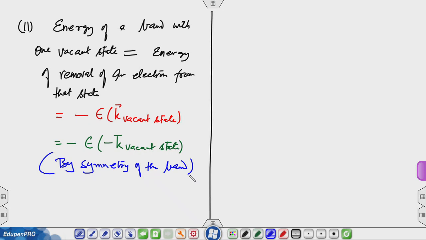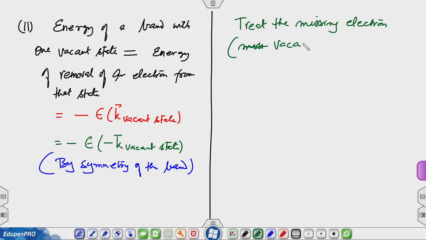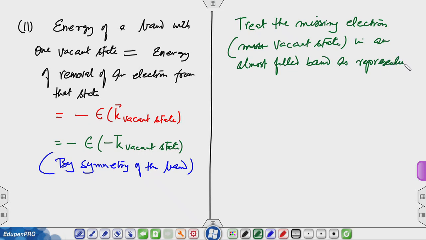So, with these two things, what we are going to say is that we treat the missing electron, or even better the vacant state, in an almost filled band as representing particles there, and call them holes.